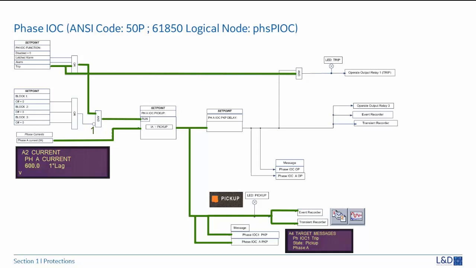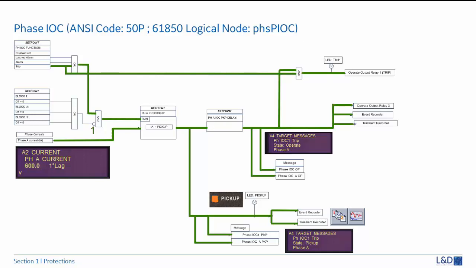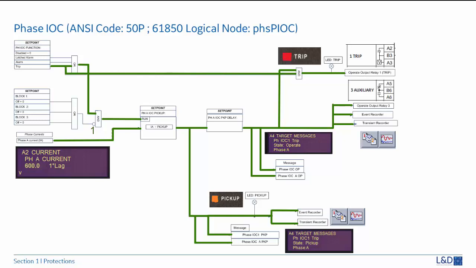After 3 seconds time delay, phase IOC operate operand will turn on target message, event, and transient recorder. Trip LED, relay, and auxiliary relay 3 will turn on too.